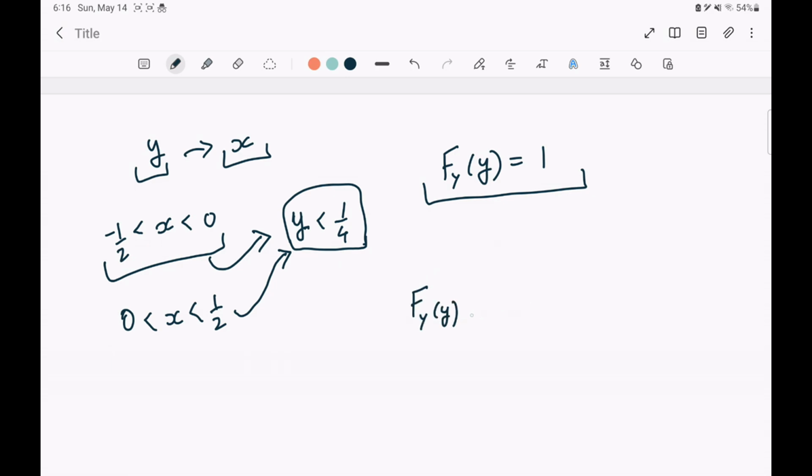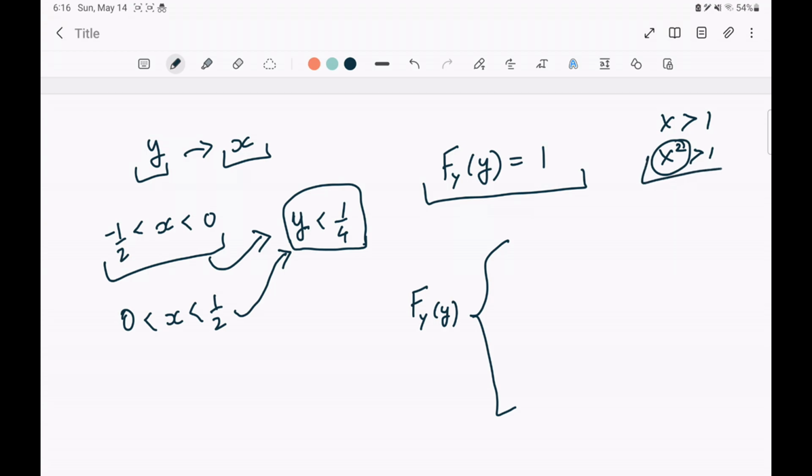If we want to compute the CDF of y, we know for sure that there exists no probability density of x being greater than 1 and x square being greater than 1, because x always lied between minus 1 and 1, so x square is always less than 1.